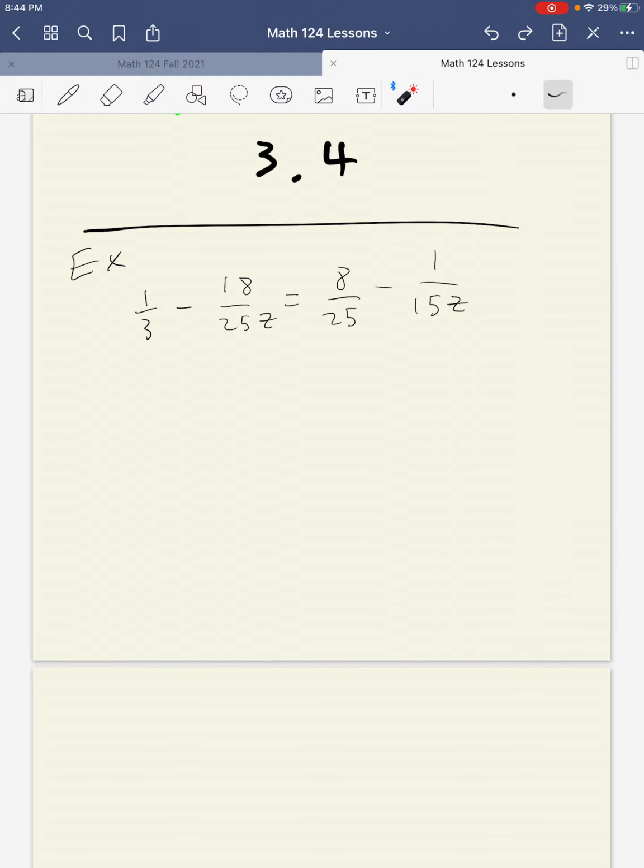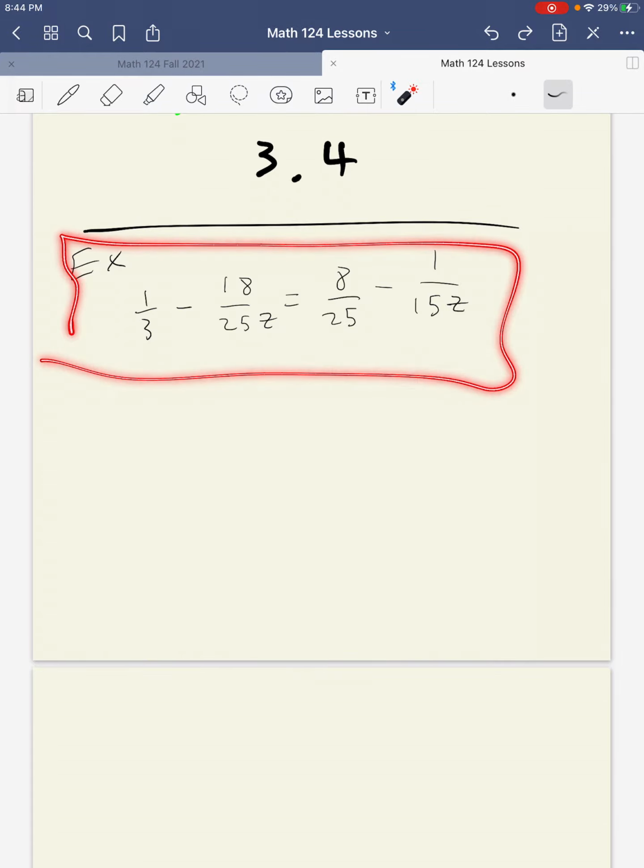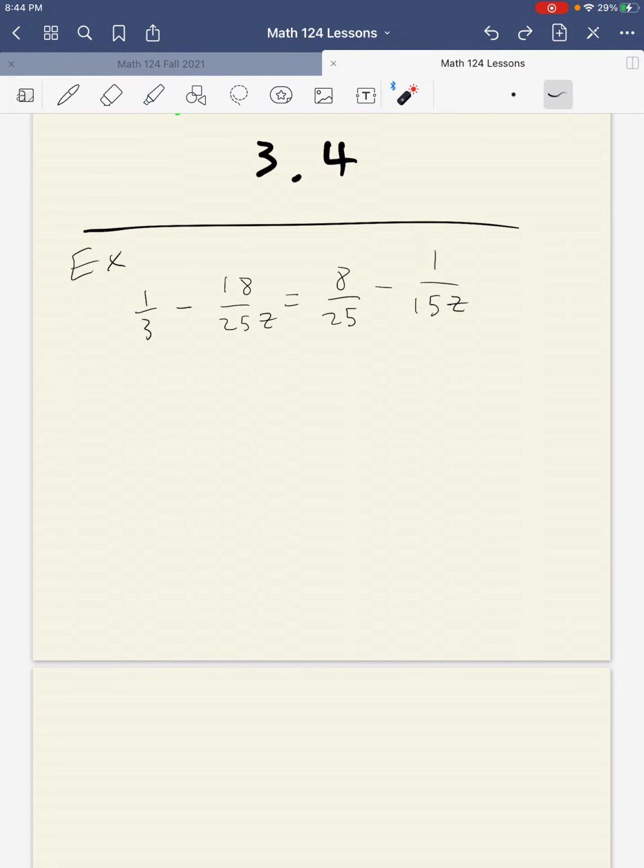We will begin with rational equations, and I wrote a rational equation in this example. 1/3 minus 18 over 25z equals 8 over 25 minus 1 over 15z. So the goal is to solve for z, but in this case it's on the bottom, and we're subtracting fractions.